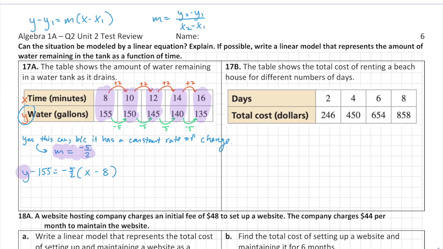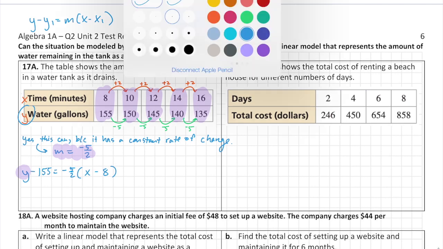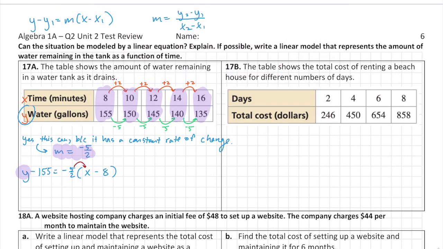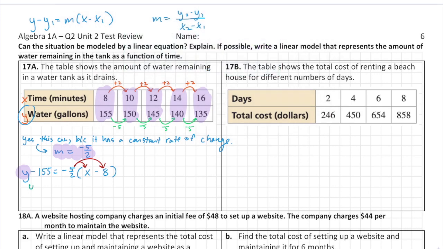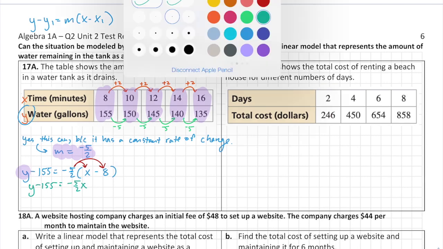So let me do that. First, let me multiply the -5 halves to here and there. y minus 155 is equal to negative 5 over 2 x. And then I get a, let me do that math over here on the side.